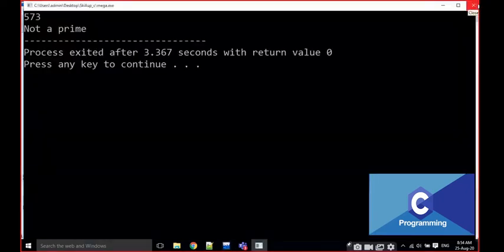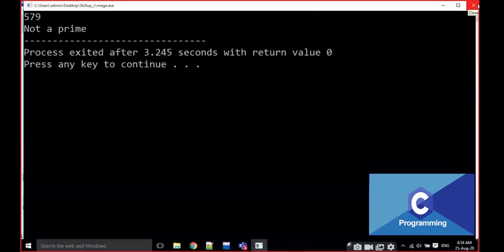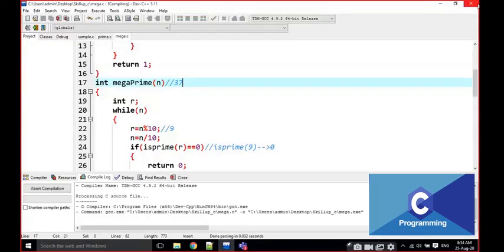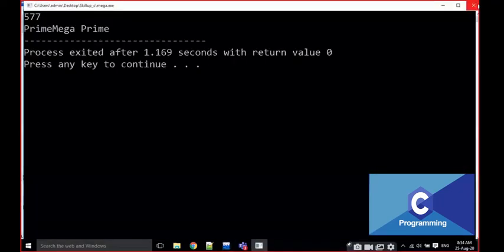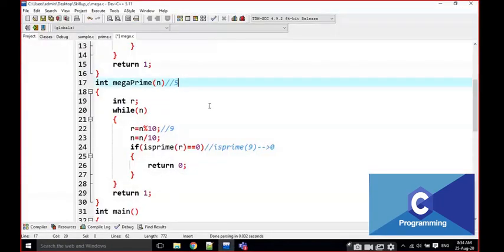This one 3 is also not a prime. 9, 7, 7. Yes, 577.